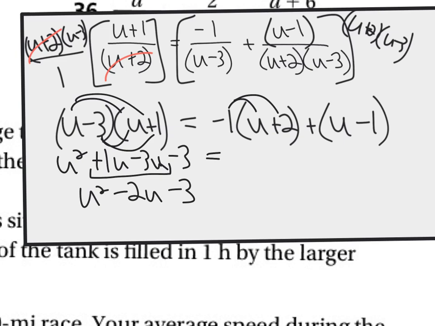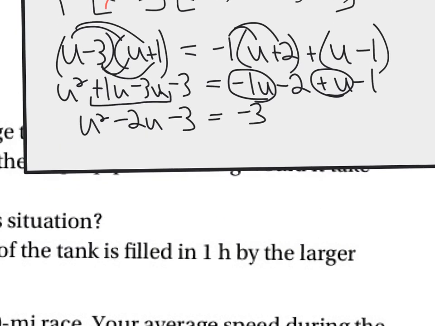On the right side, we can distribute, which would be -1u minus 2 plus u minus 1. And then we can combine like terms together. So on the right side, if you combine these together, the u's are going to cancel. And we would end up with -3.